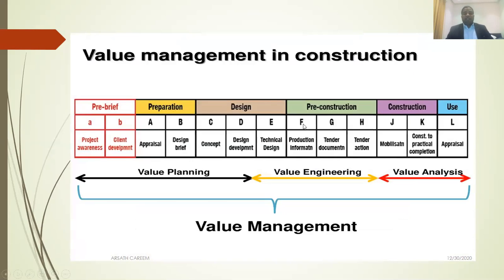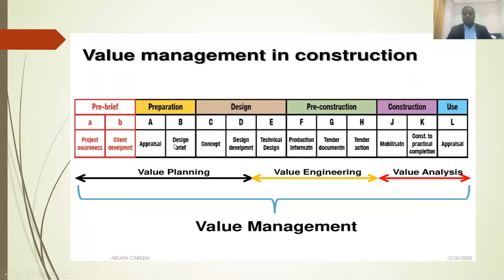Value management in construction. We study value engineering and value management theoretically. These are the design stages. Usually value planning starts from the brief and goes up to design development. These design stages are not applicable to the current RIBA plan of work, as the names have changed.